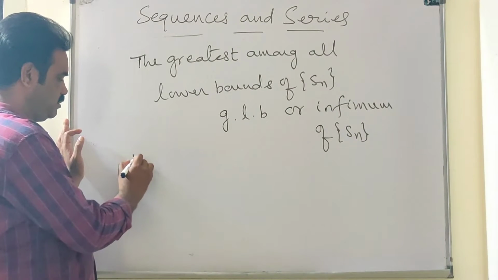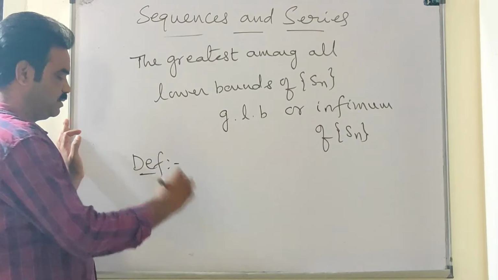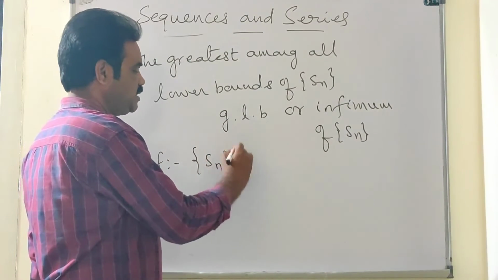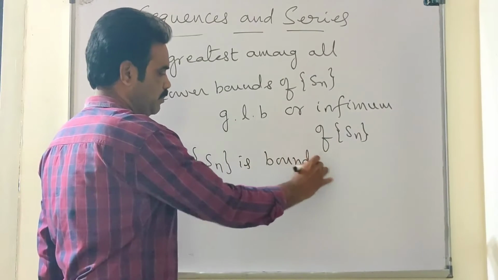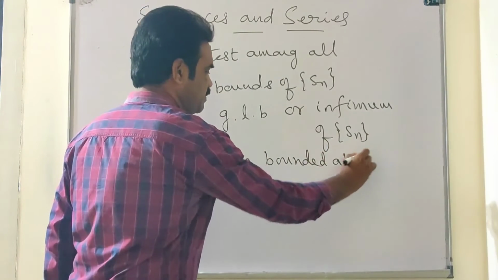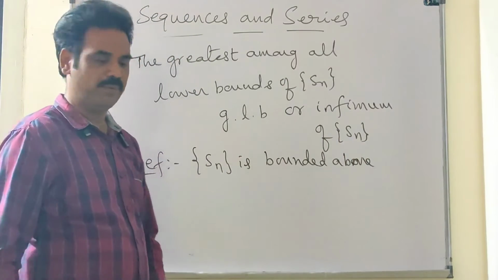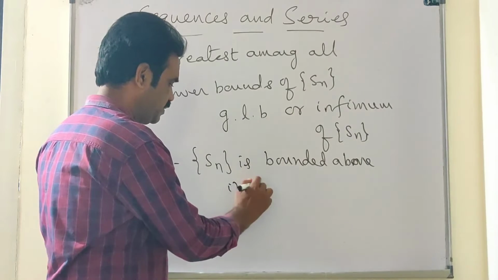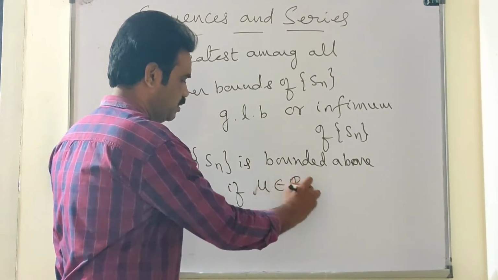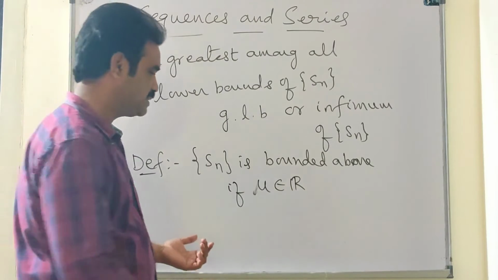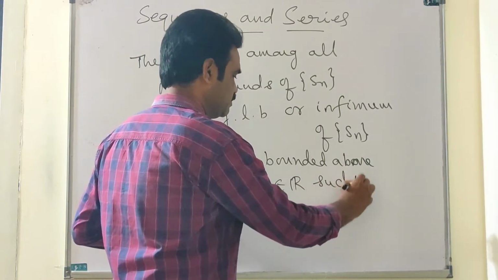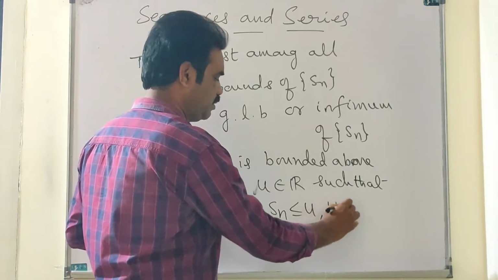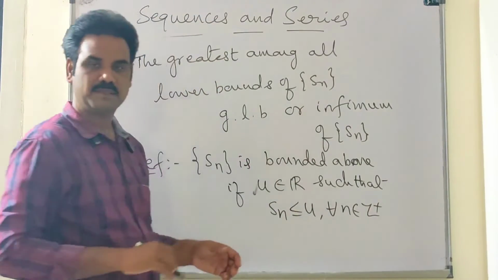Next definition. A sequence Sn is said to be bounded above if there exists a real number u such that Sn less than or equal to u for all n belongs to Z plus.